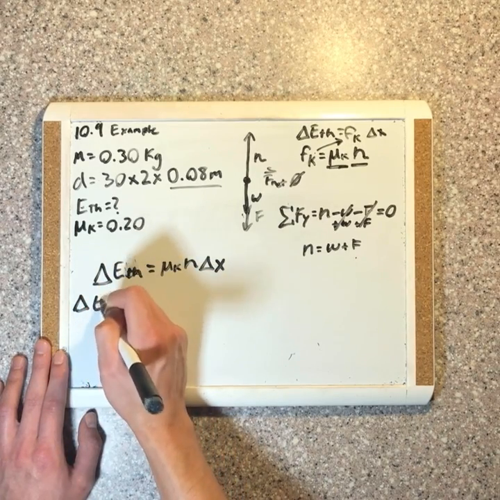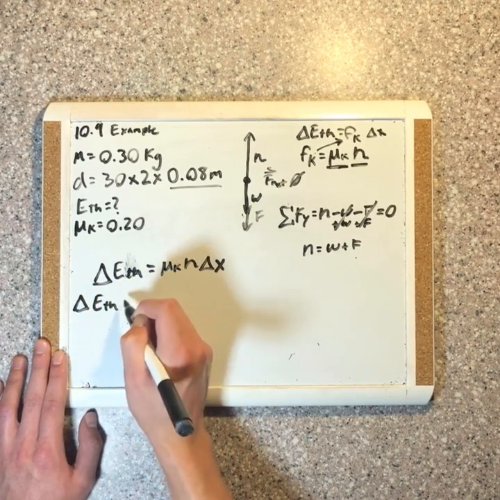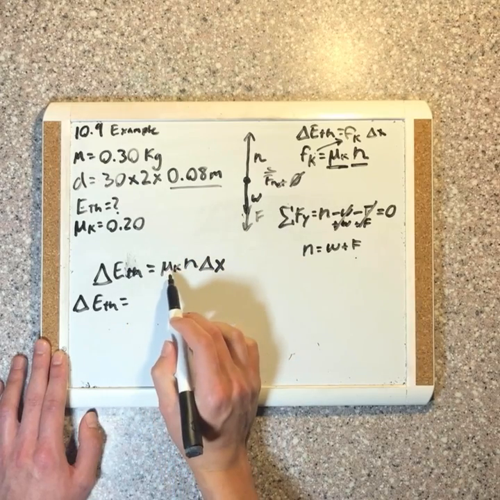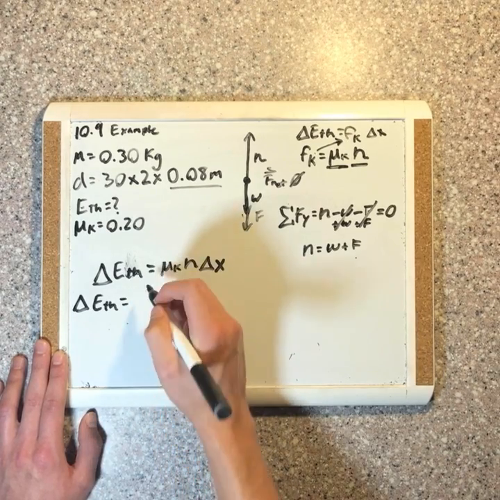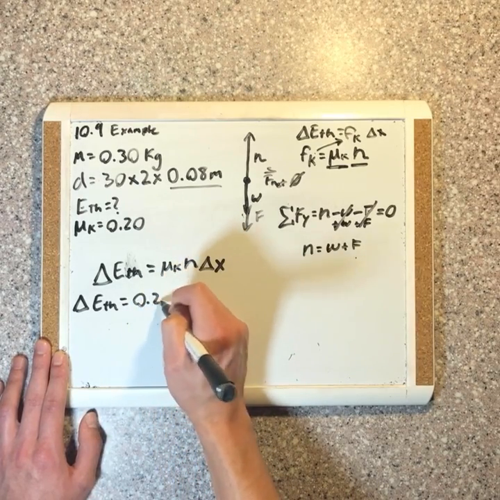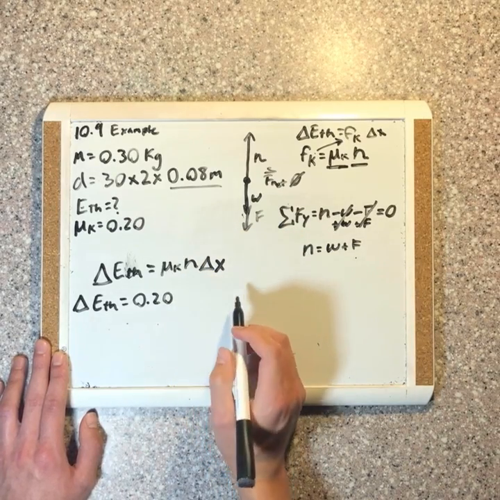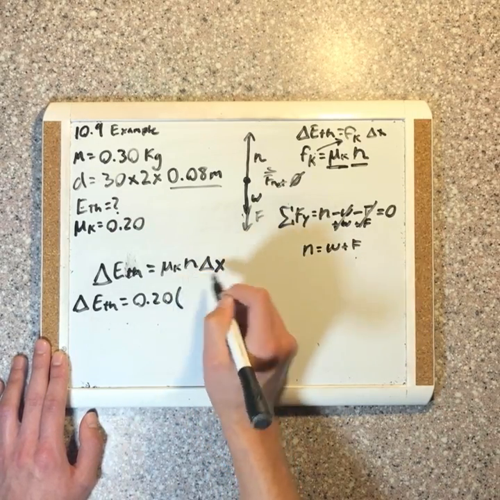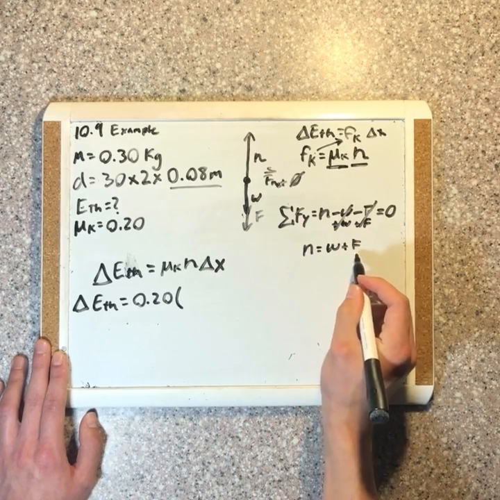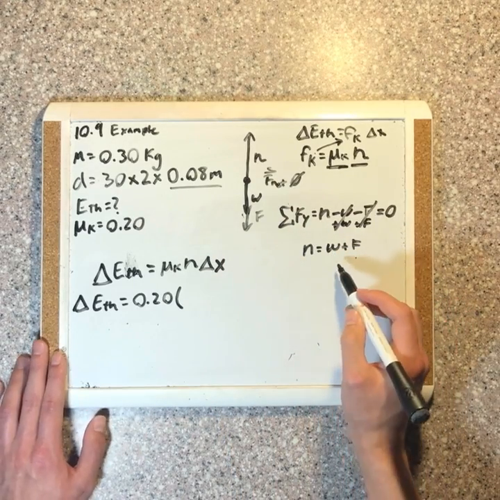So delta E_th is going to equal our coefficient of kinetic friction, 0.20, times our normal force. Our normal force is going to be equal to the weight plus the force.